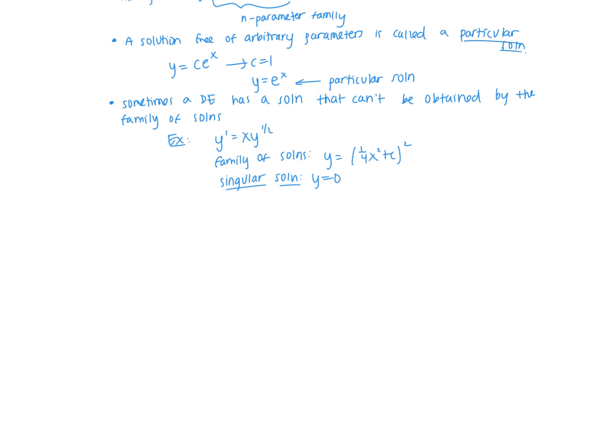Okay, last two. Vocab-wise, it's important that we understand that there is a difference between what we call a function and what we call a solution. This is going to be a pretty small difference. We can say that y equals 1 over x is a function where our domain is all real numbers except 0.